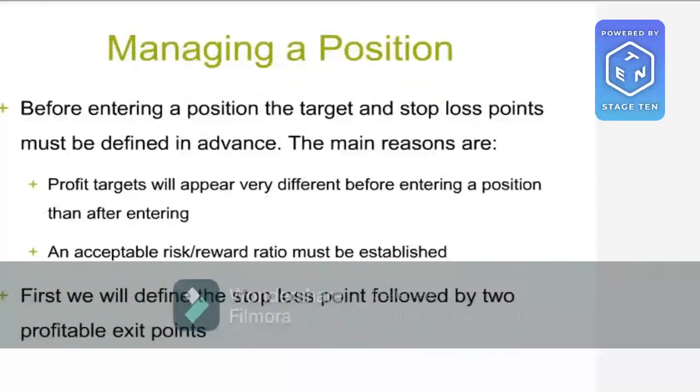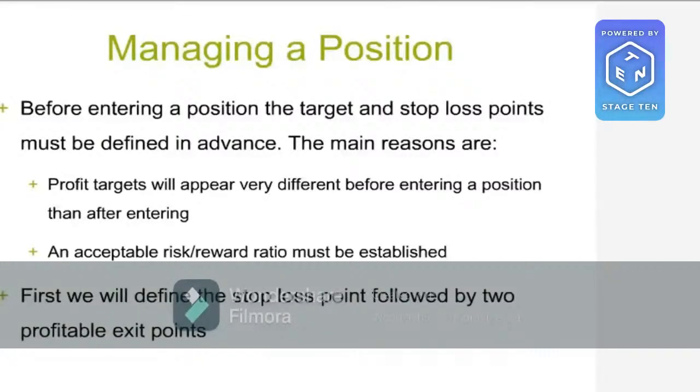But I am trying to stand by my target or my stop loss. And of course, we mentioned previously that having discipline is one of the most important things. Once you establish your acceptable risk-reward, then comes the discipline, which is maybe the trickier part of the business. So first we need to define our stop loss and our target.